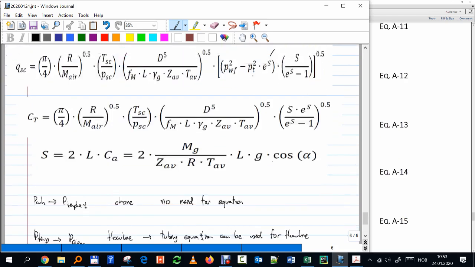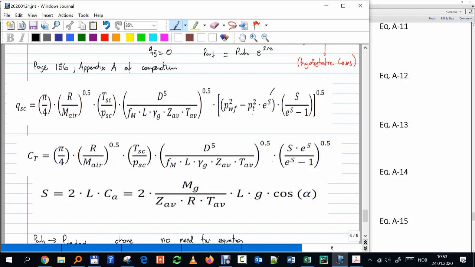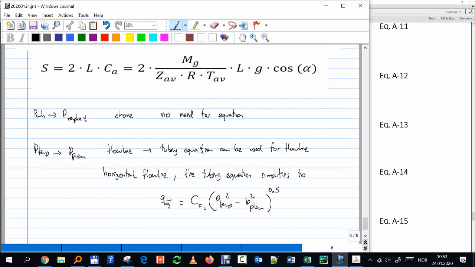And that is because if you see here, S becomes, I think it becomes 0. S becomes 0.